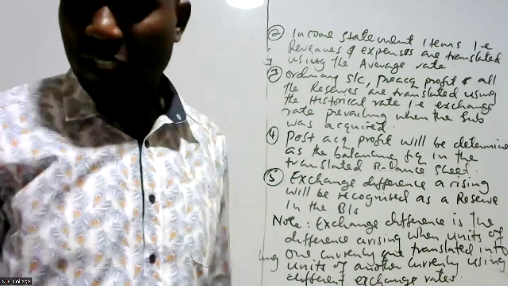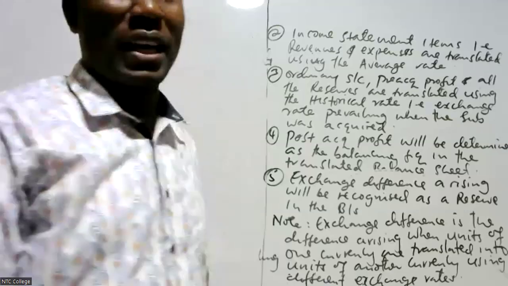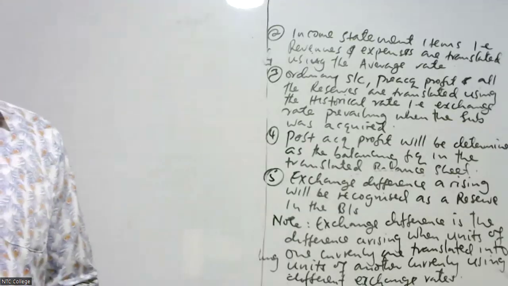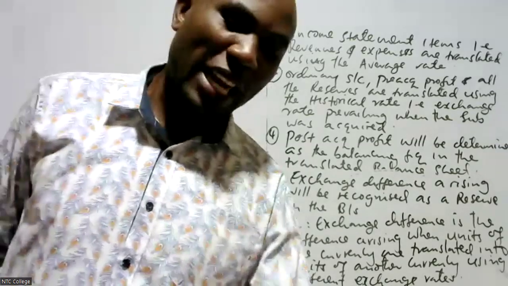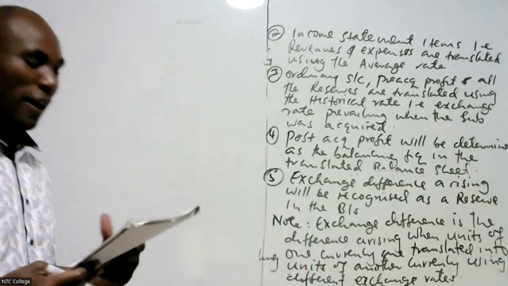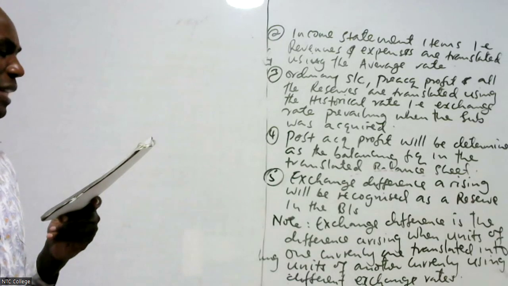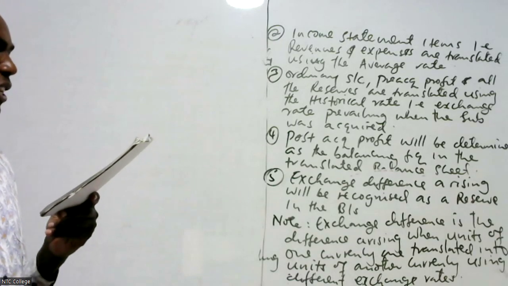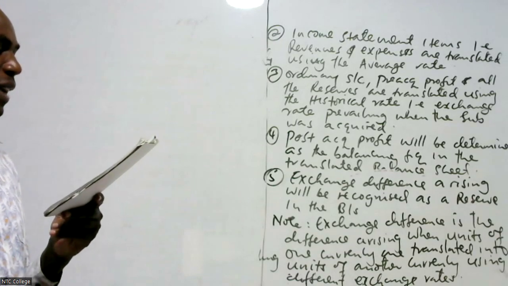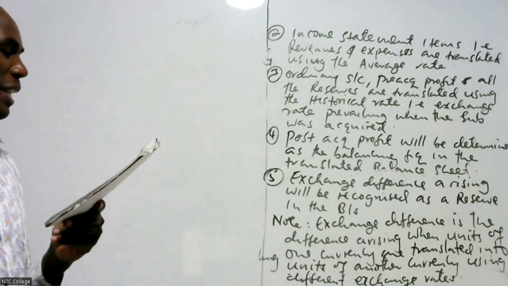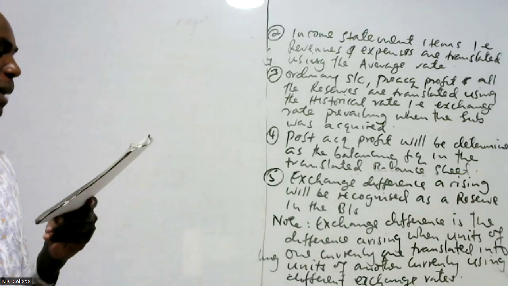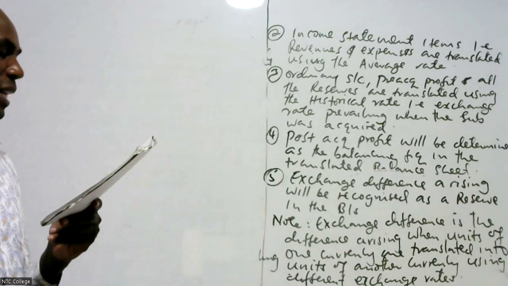Then number two, you show the shareholding. Is it a subsidiary? Is it an associate or whichever? This question says P Limited is a public limited company listed on the Securities Exchange. It has diversified its activities by acquiring S Limited, a company domiciled in a foreign country.